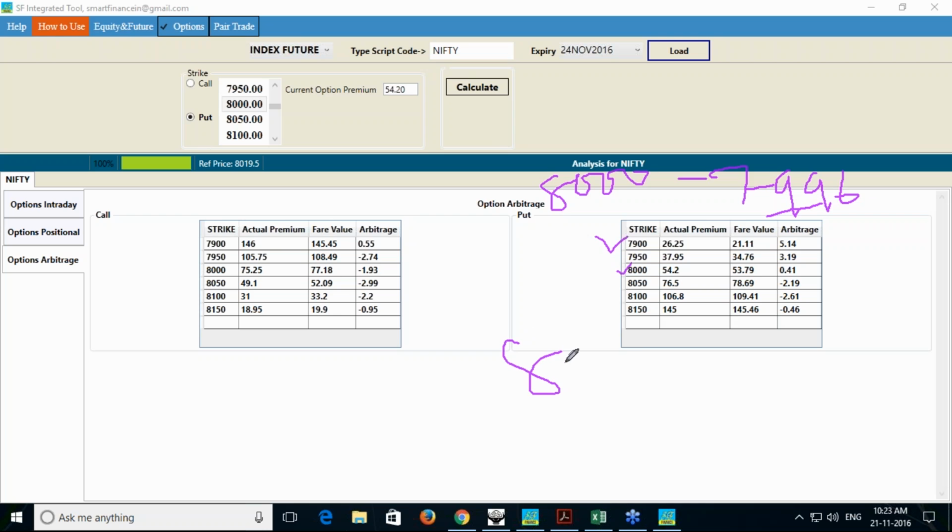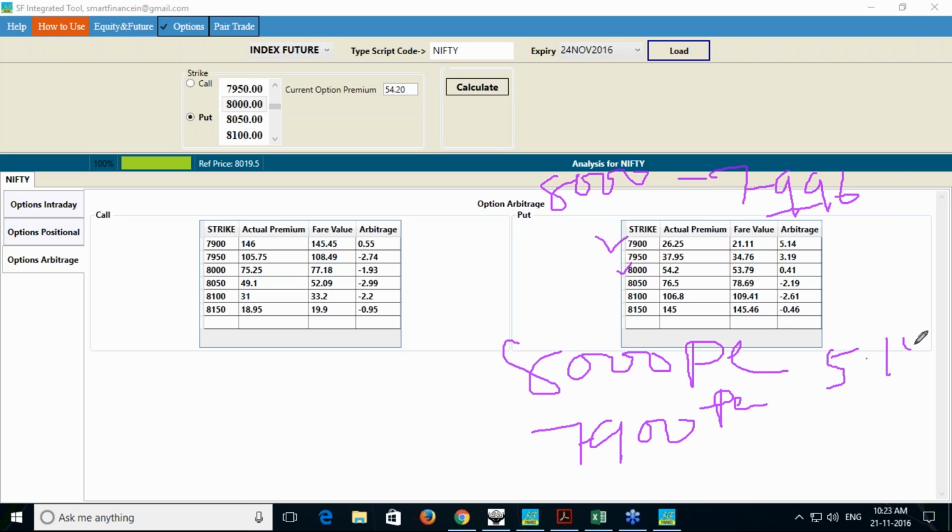So if I buy one 8000 put option and sell one 7900 put option, I can earn riskless money.